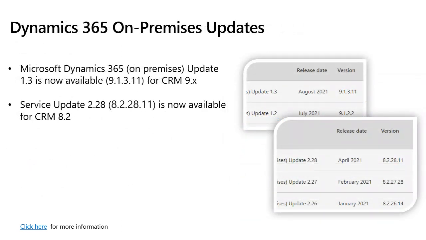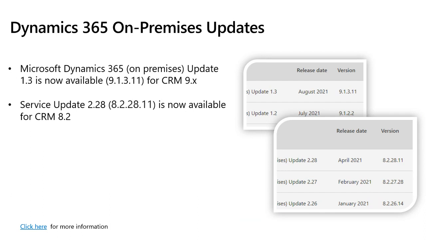On the on-prem side, there are updates available still for Dynamics 365 on-prem for the version 9.x. The latest is the 9.1.3.11. That was the August release for the on-prem update.